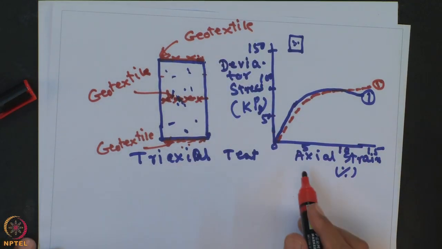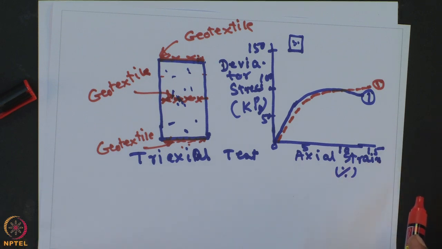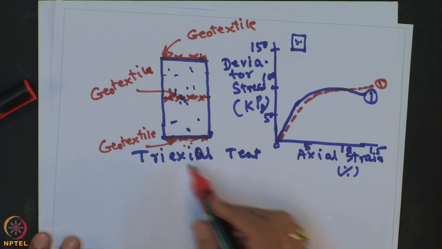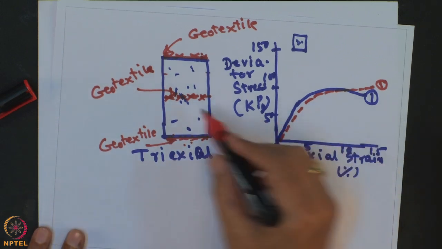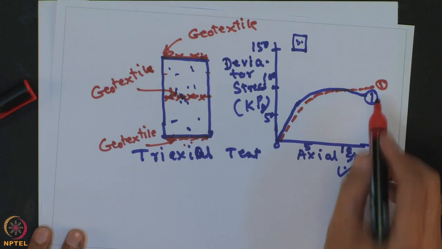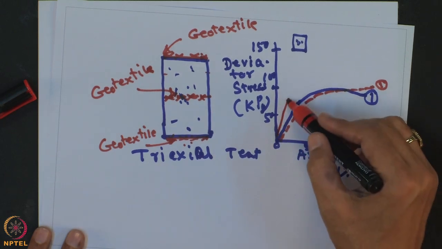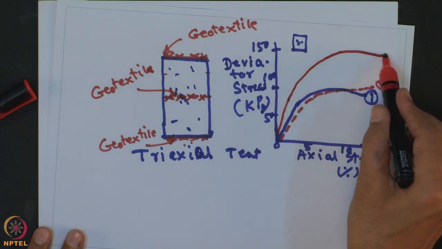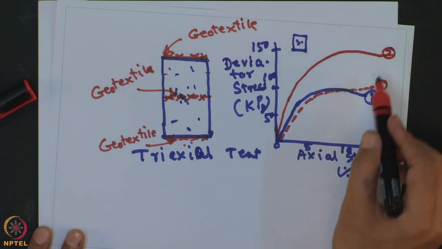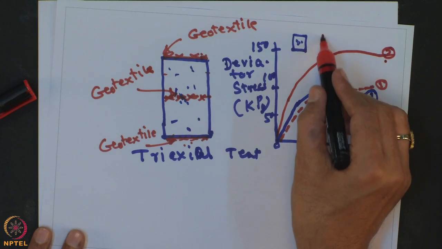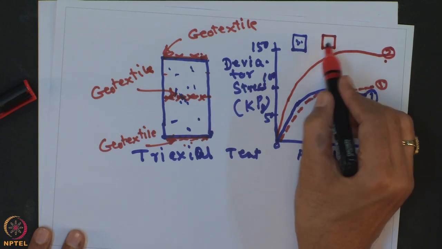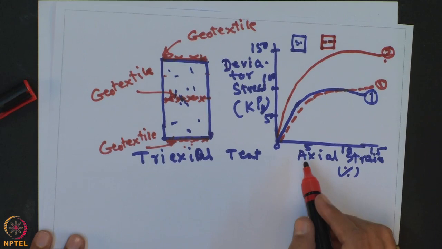And you can perform the Triaxial test and then draw the stress strain curve, and you find that when you place the geotextile material for a particular confining pressure, there is an improvement of the stress strain curve. So, let us call this test 2, when you have placed the geosynthetic material at the center.